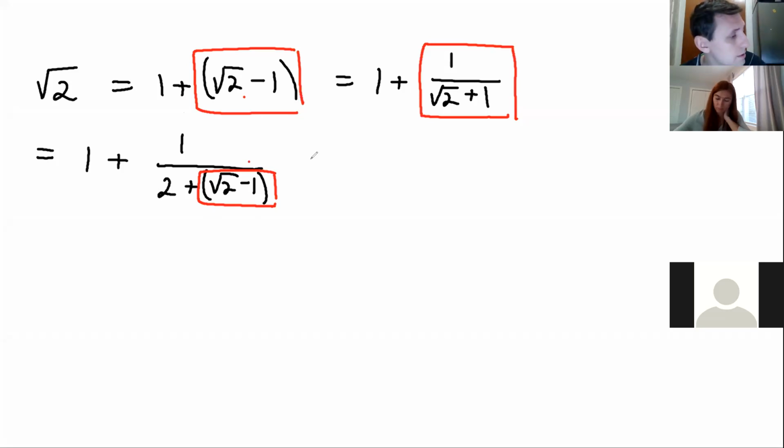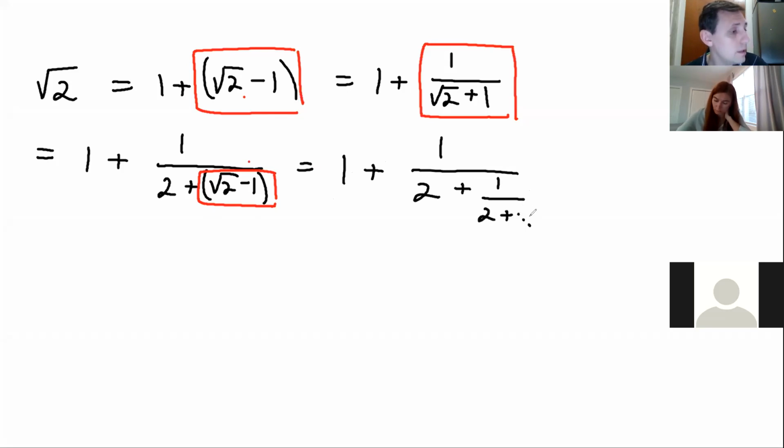It means that this is 1 plus 1 over 2 plus 1 over 2 plus and onwards.